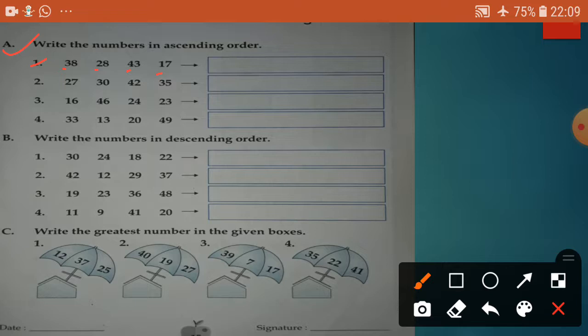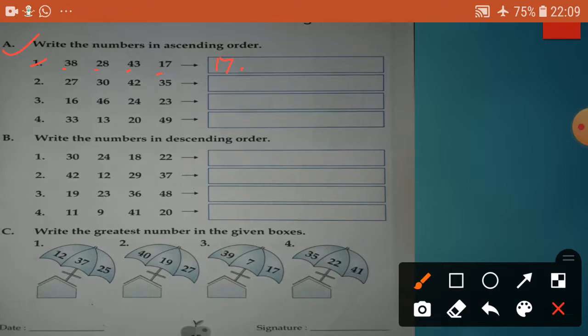So you know children, first 1 ten, 2 tens, 3 tens, 4 tens. So tens is different. So you write first 1 ten, 17.